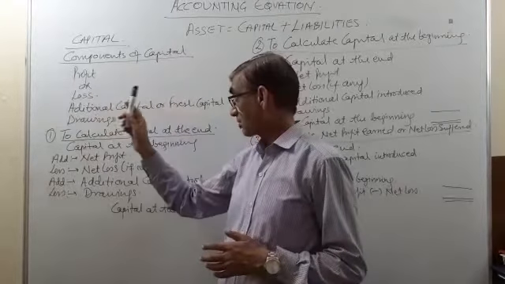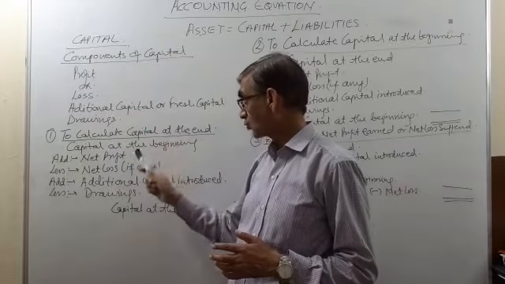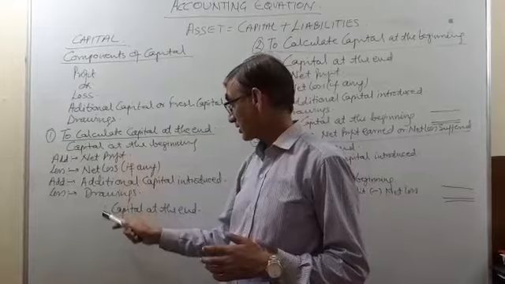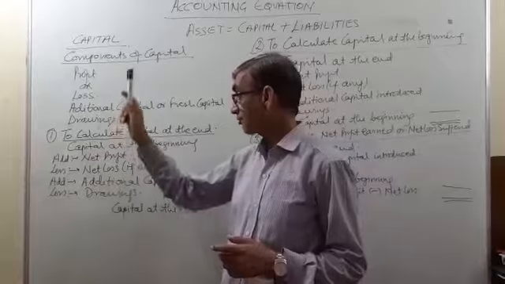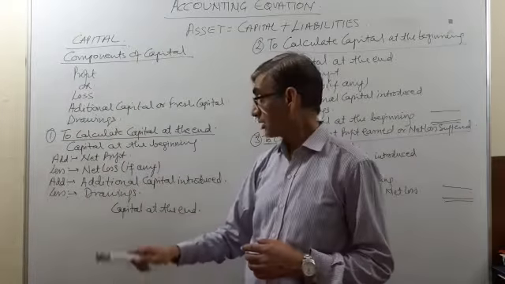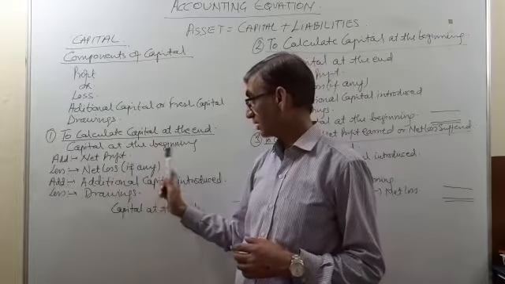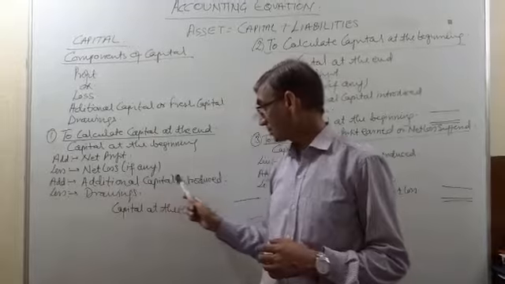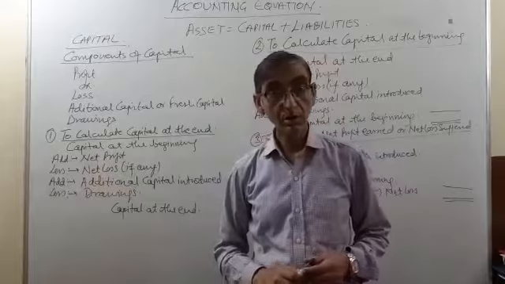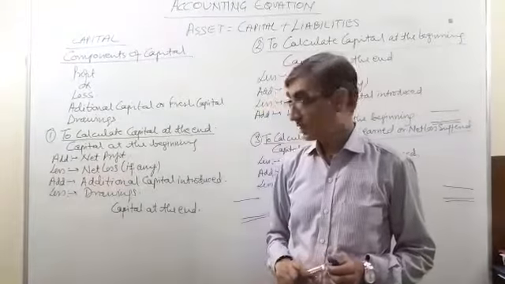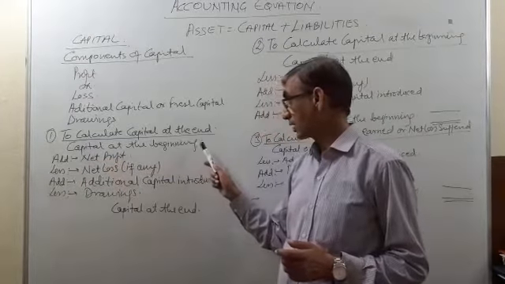Now, first of all, we will know how to calculate the capital at the end of the year. When you know how much you have initially invested in the business, what is the position of your profit or loss, if any, how much additional capital you have introduced, and whatever amount you have withdrawn for your personal use. In this case, we will start with capital at the beginning.